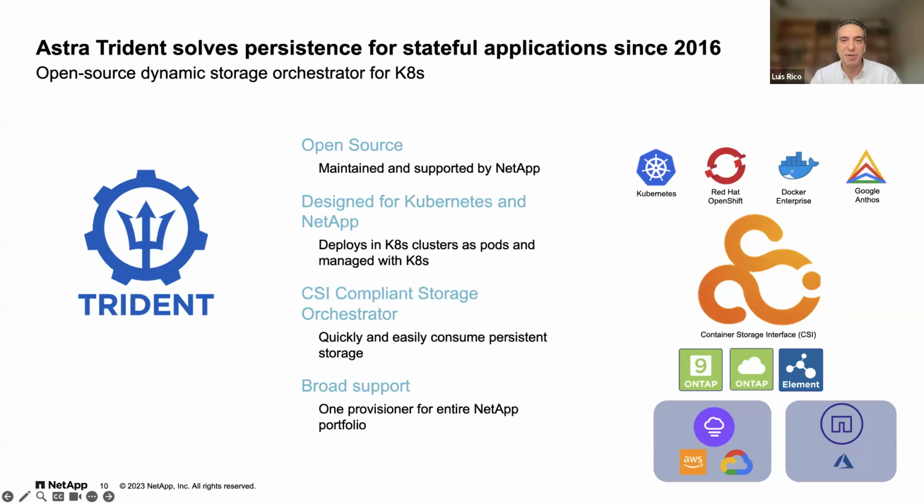So we have been there from the very first moment, providing the provisioner for our NetApp storage solutions. So it has been 7 years. 7 years in the OpenShift and Kubernetes world is a lot of maturity and evolution. So in this sense, Trident has been tested for many years.